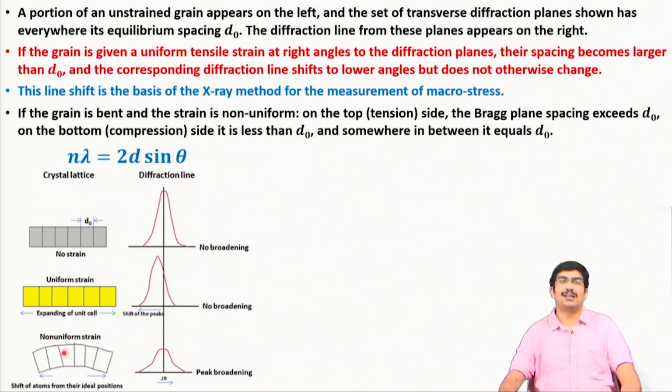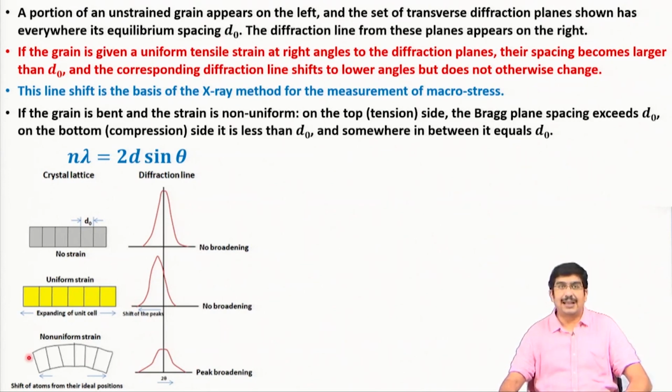So, what will happen is at certain regions the material will have interatomic spacing higher than d naught where the tension is prevalent, and where the compression is prevalent the material will have an interatomic spacing which is lower than d naught, and at equilibrium at some intermediate condition where there is zero stress, it will have something like d naught, the interatomic spacing will be d naught.